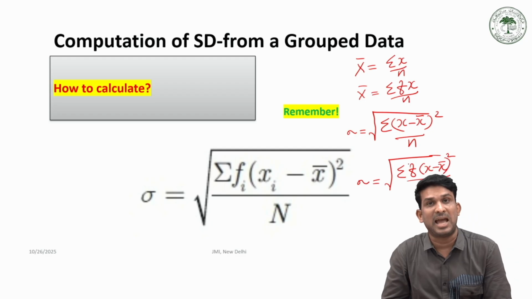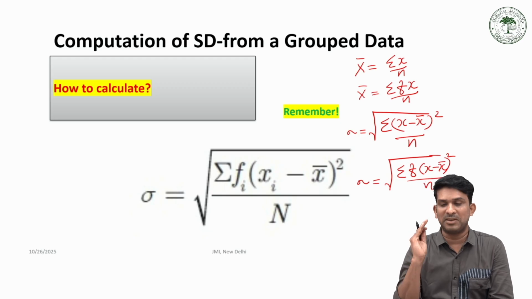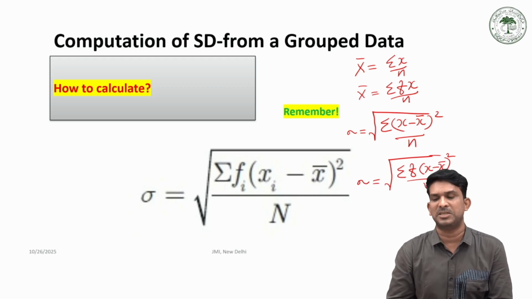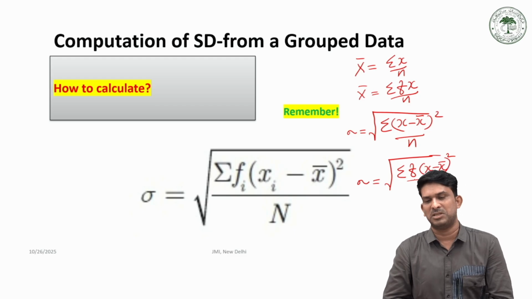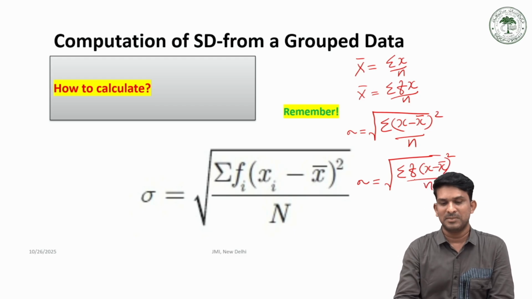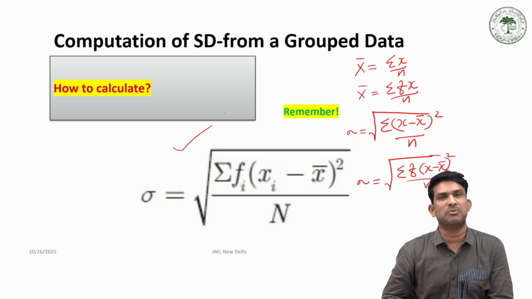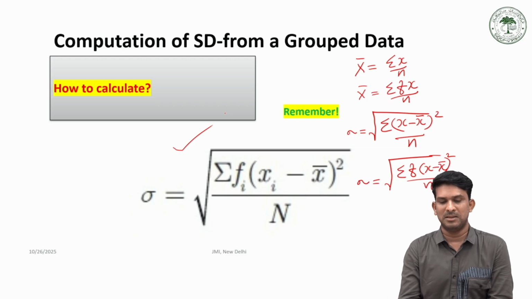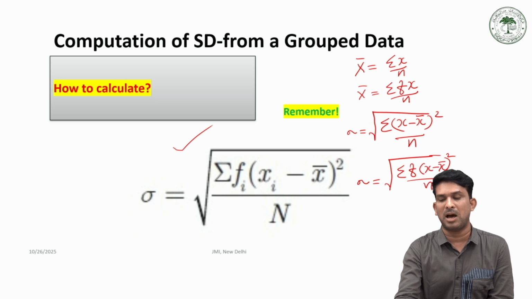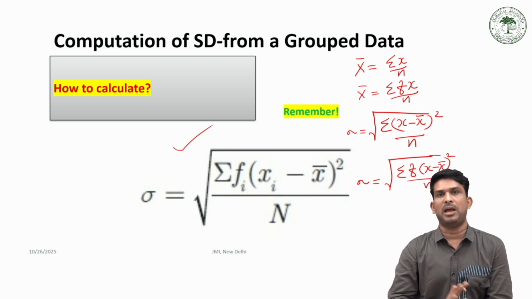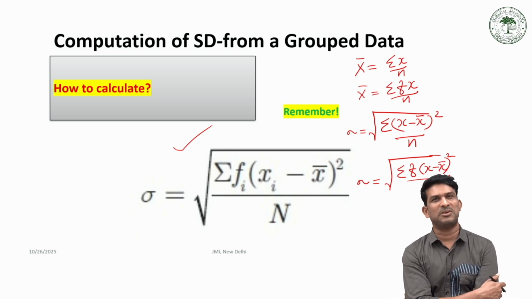Only f is added. Just like what we have done in the case of arithmetic mean, we are adding frequency f, that is for frequency. Got a clarity? See the equation, read the equation very specifically. Square root of sigma of f into x minus x bar the whole square upon n. Got the clarity of equation?